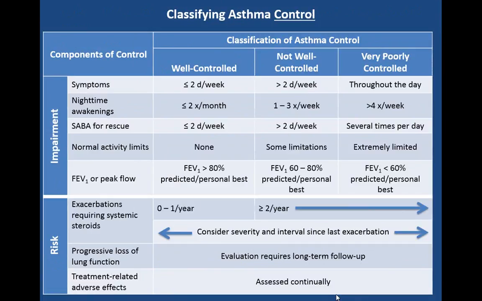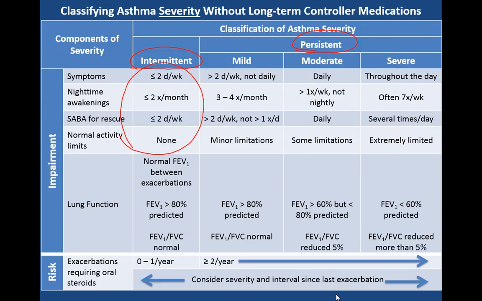Now, when you talk about severity of asthma, that's without any long-term controller medications. So a patient walks in to your clinic, or they walk into the hospital, or wherever, and they're newly diagnosed, or they're not on any controller medications at home. That's how you determine this, severity without long-term controller medications, okay?